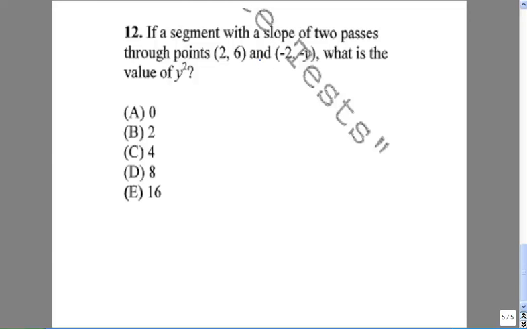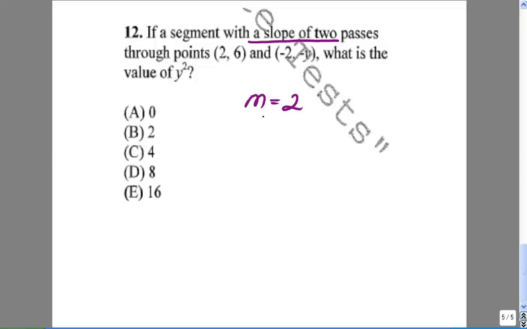Well, first of all, let's look for what facts, what data is given to us. Besides the obvious coordinates of the points, we have a slope that's given, a slope of 2. Slope in algebra, we call it m, so m equals 2.